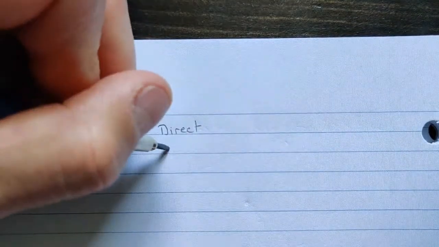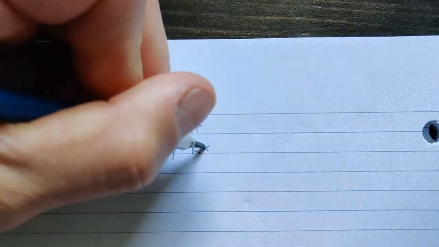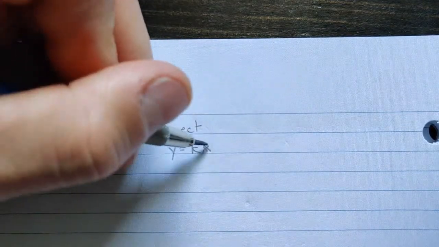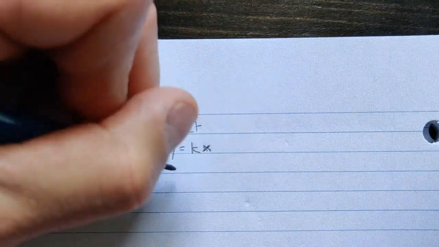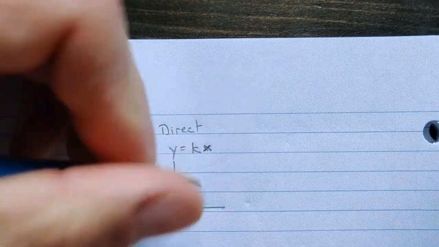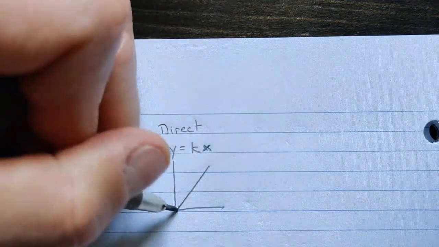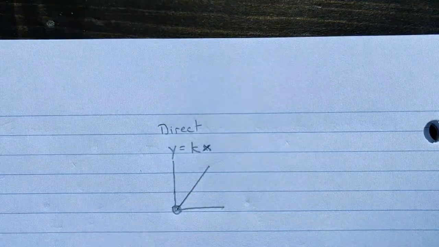There's direct, which has us looking at an equation something like y equals kx, where k is the rate of change. Your graph would pass through 0. This is the important part, that it passes through the 0 here.